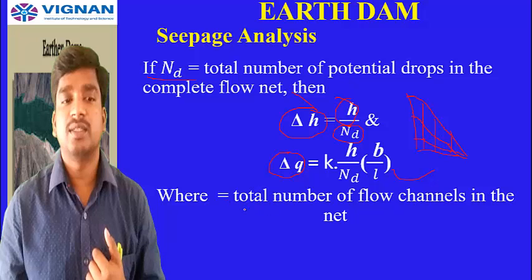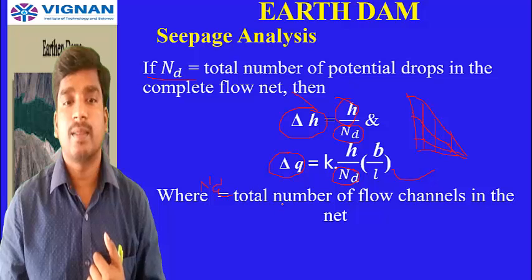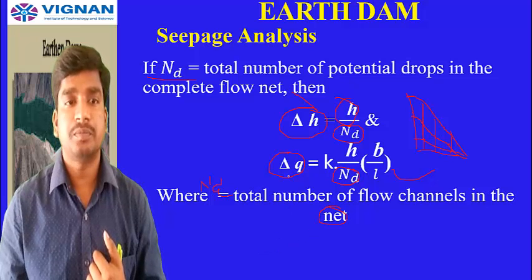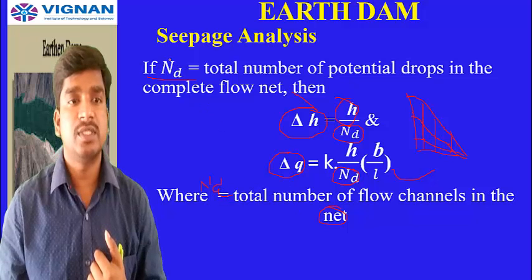Where NF is the total number of flow channels in the net. Okay, here you can see, I think some mistake has gone.